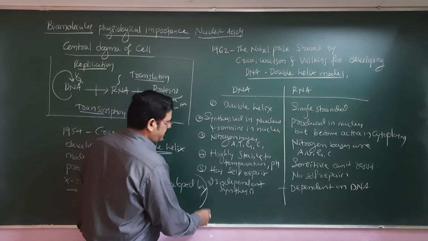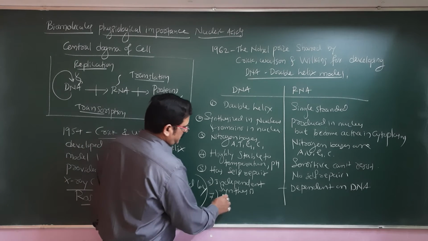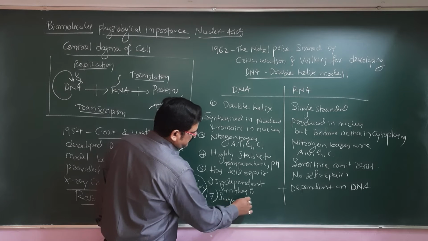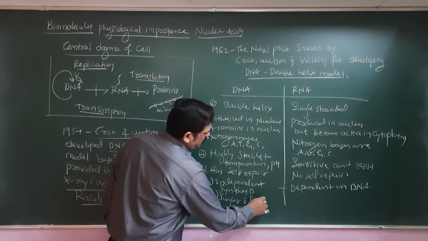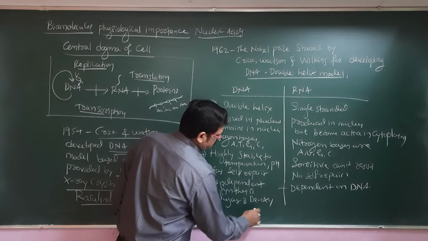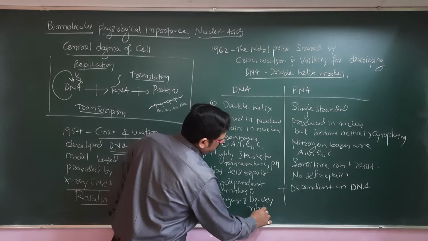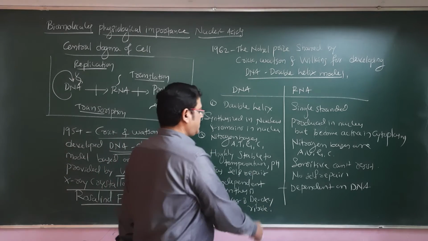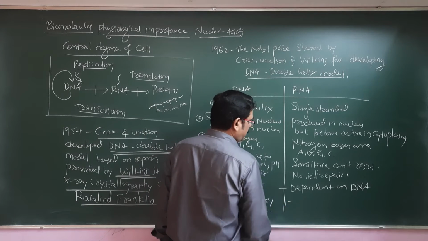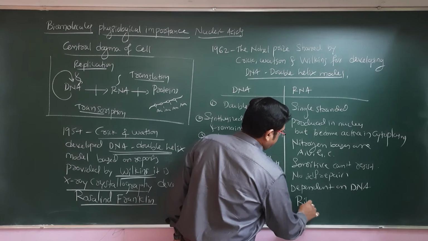Now, one more important difference. The sugar in DNA is deoxyribose sugar. Here in RNA the sugar is ribose sugar.